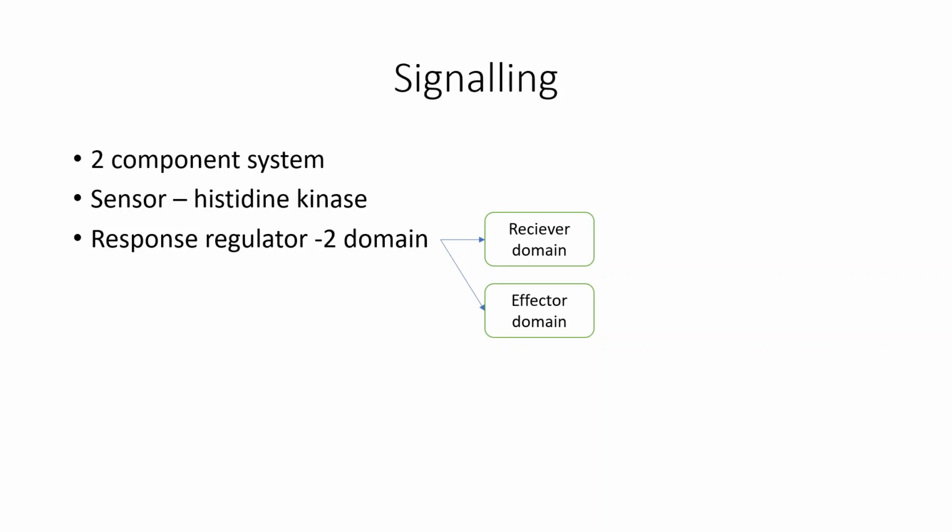Then this phosphate is transferred to the receiver domain, which has aspartate in it, so it gets transferred to aspartate. Then from the receiver domain it is finally transferred to the effector domain, from where gene regulation occurs.